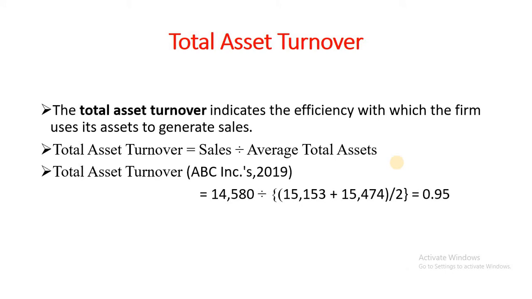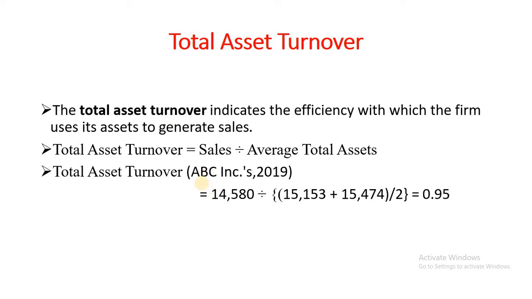Let's look at the total asset turnover ratio of ABC Incorporation in 2019. Sales of ABC Corporation is $14,580, and average total assets has been calculated by adding the last 2 years' assets.